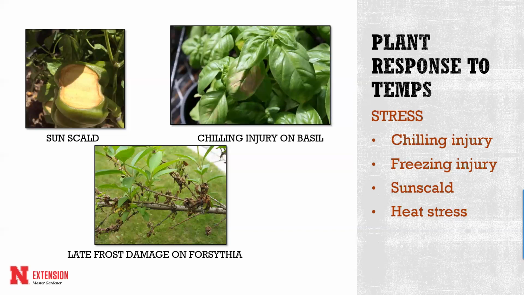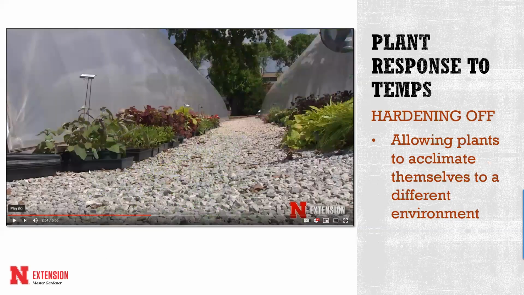We also have some heat stress on plants. I don't have a picture of that, but that's when plants are exposed to high temps for an extended amount of time. Sometimes you can see some death from that, wilting, those kinds of things. So definitely temperatures and plants respond back and forth, and you can have some stress on plants when it comes to temperature.